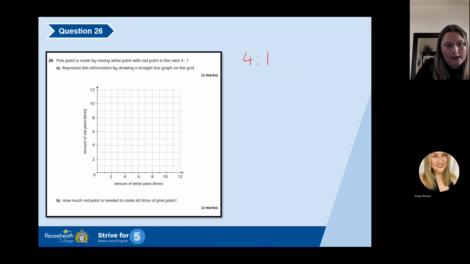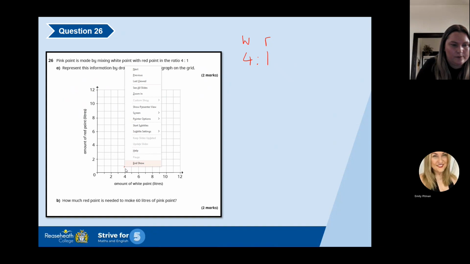So the amount of white paint in litres to the amount of red paint in litres. So I've got white paint here on the 4 and 1 is the red. So I'm going to do white paint and the red paint. So I know that that's going to be 4, 1. So I can mark that straight away.